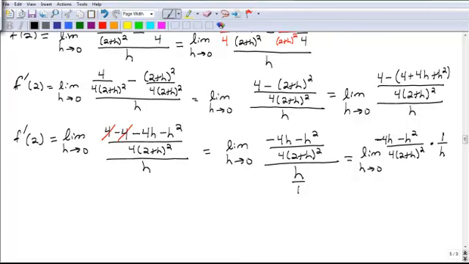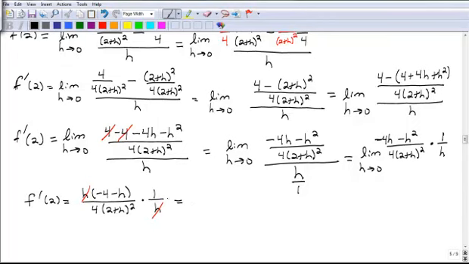Well, now I can factor an h out at the top. And so negative 4h minus h squared, when I factor out an h, gives me negative 4 minus h. But you'll notice these h's cancel. I canceled the h that used to be in the bottom.